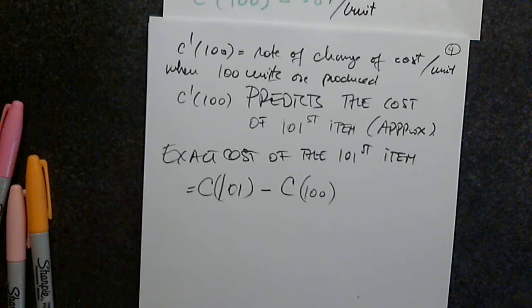Did anyone else get 58 for the marginal at 100? Yes? Okay, perfect, thank you. So now second and table. All I want to plug in is 101 and 100.